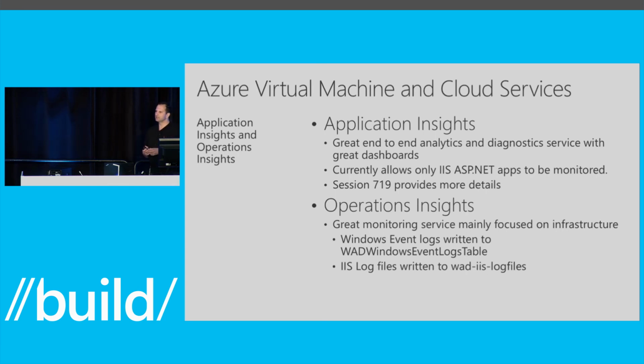Then there's Operational Insights, which also plugs into Azure Diagnostics and all that stuff that I've shown you. But currently, it only transfers data over from Windows Event Logs and the WAD Windows Event Logs table. So basically, it doesn't take your ETW data and things like that, but they're working on it as well. I just want you to keep that in mind. Those are the two services that we provide, really great.